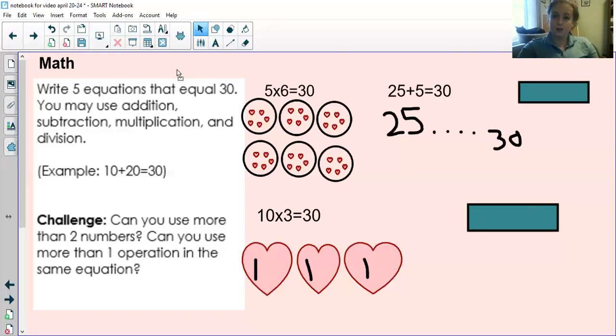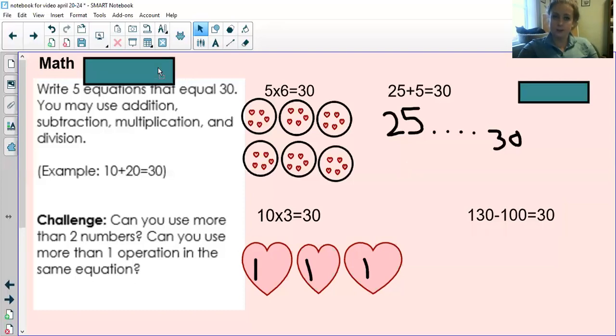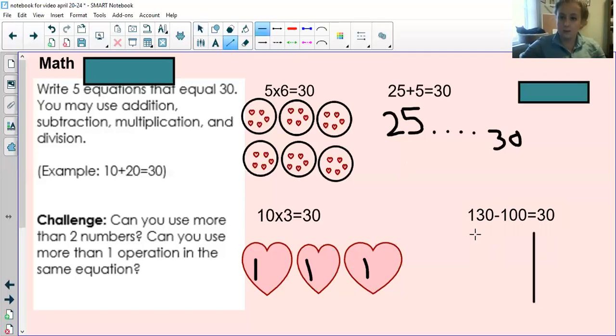I have 130 minus 100. And I just realized I skipped one, so I will go back to that in a second. So if I have 130, remember, if we use hundreds, we make our hundreds chart. We could go make our chart. Remember, it has 3 sections. Mine's not going to look perfect, so bear with me.